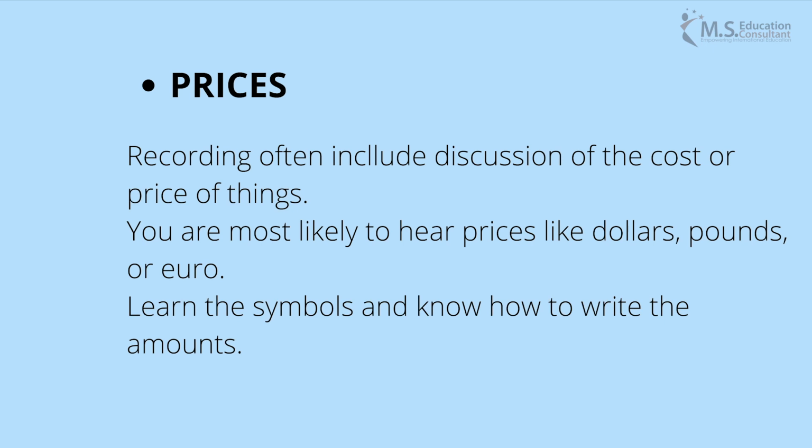Generally, one person will be trying to make a booking of some sort, for example, a hotel room, flights, or theater tickets. You are most likely to hear the price expressed as dollars, pounds, or euros. Learn these symbols and know how to write the amounts.